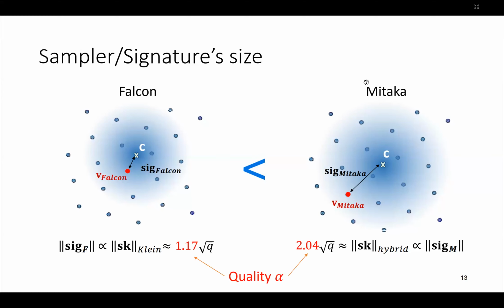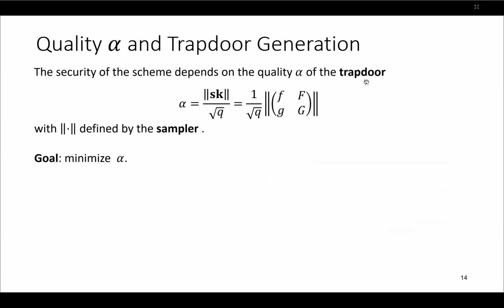To do it formally, we introduce a quality alpha of the trapdoor, which is shown in red here. For example, alpha is about 1.17 for Falcon and 2.04 for Mitaka. More precisely, we define alpha as the ratio between the norm of the trapdoor and the volume of the lattice. Our goal is to minimize alpha to improve the security of Mitaka.